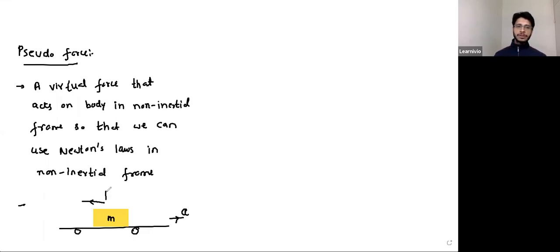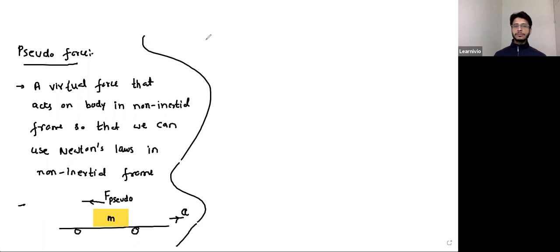This body will basically experience a pseudo force in the backward direction. And that pseudo force is the mass of the body multiplied by the acceleration of the system.